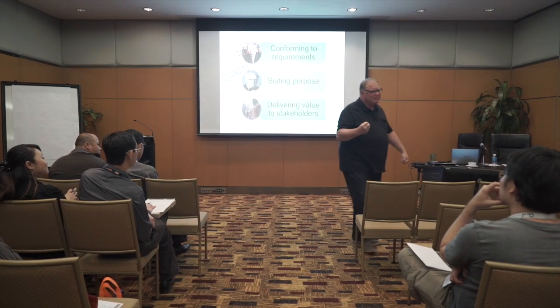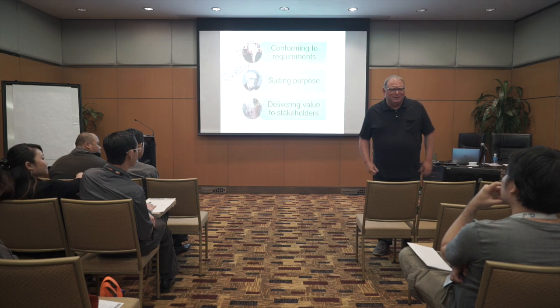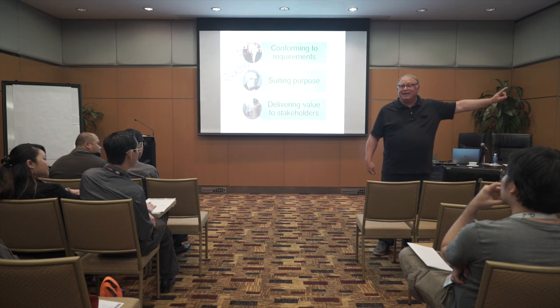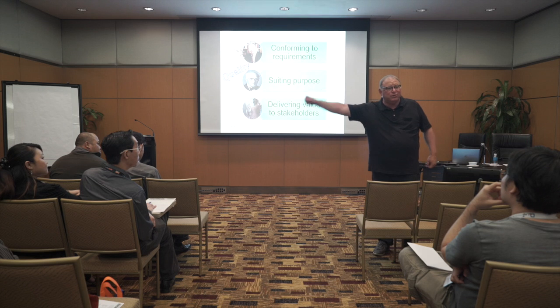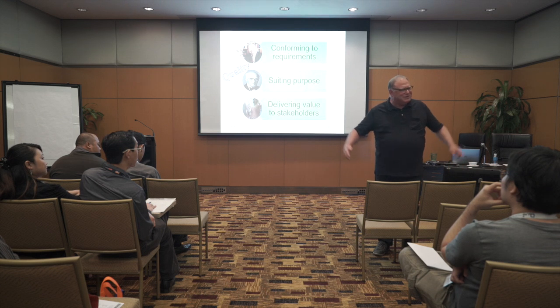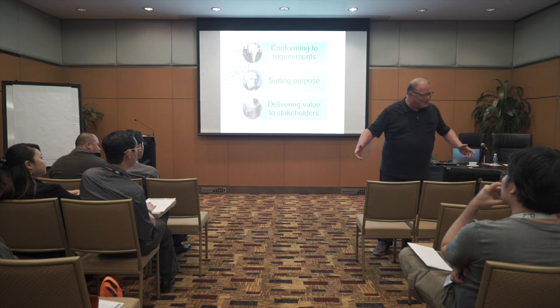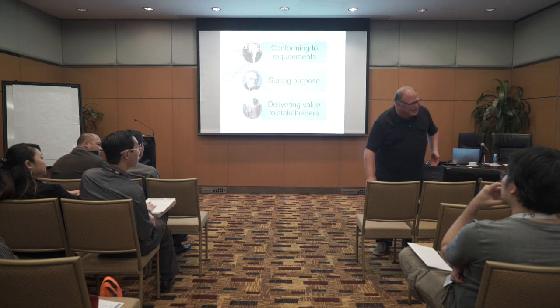Implicit requirements are things we have to hunt down. My favorite implicit requirement is, if I back up the data last week, I have to be able to restore it next week. Have you ever seen that written down? I've never seen it written down, but I've never seen a system with persistent data that didn't have that requirement. It's always there. I always test for it. It's always important, but it's never written down.